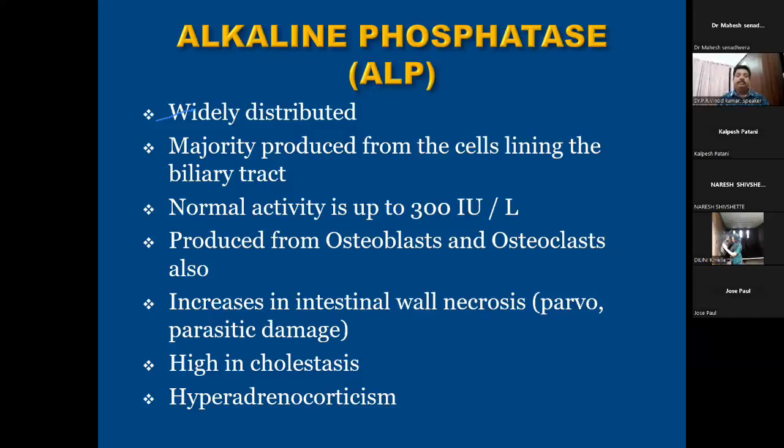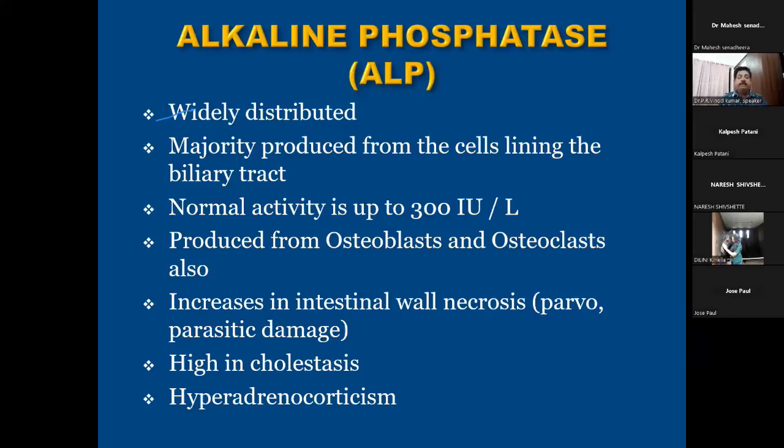Got it? So, what about the alkaline phosphatase produced inside the biliary canaliculi, mixed with the bile and flowing out through the bile duct into the duodenum? If there is an obstruction in the bile flow, obstructive cholangiopathies, obstructive biliary diseases, there will also be a hike in alkaline phosphatase.